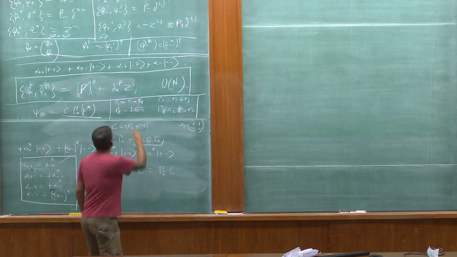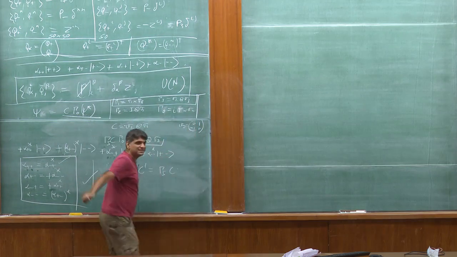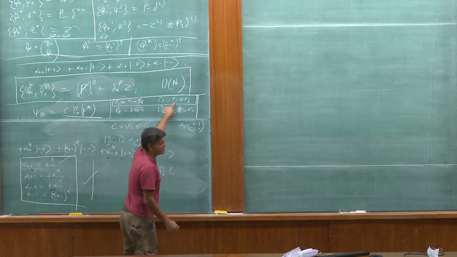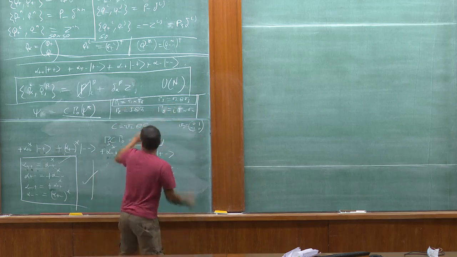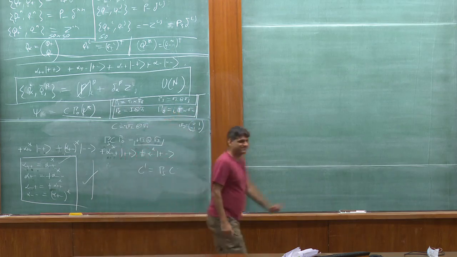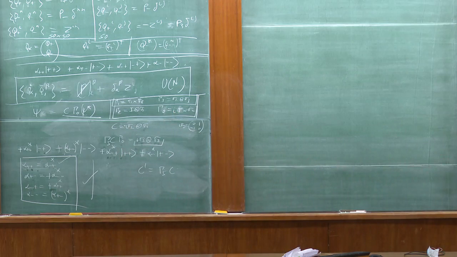Not quite, because the first index was created out of these two gammas, this sigma 1 and this sigma 2. And the second index was created out of these two, and this one has this extra I. So the second index was created by a pair of gammas, which include the one that we analytically continued to Lorentzian. So the rule is that the gamma that we analytically continue to Lorentzian, that plane behaves differently.